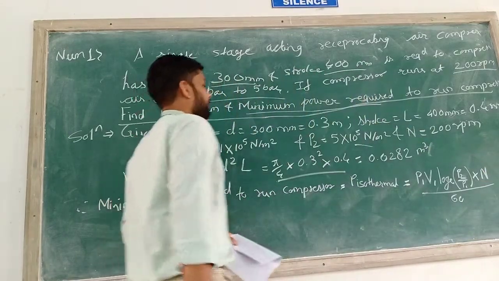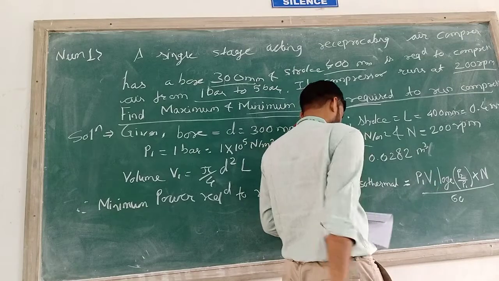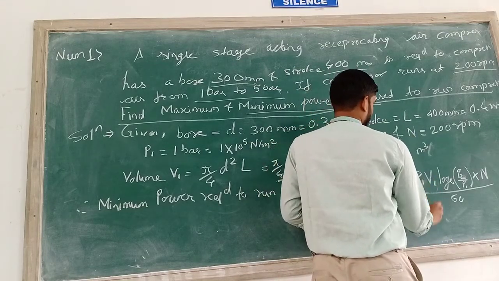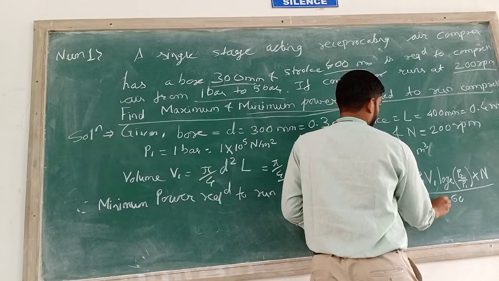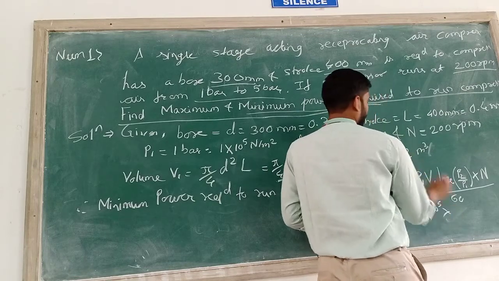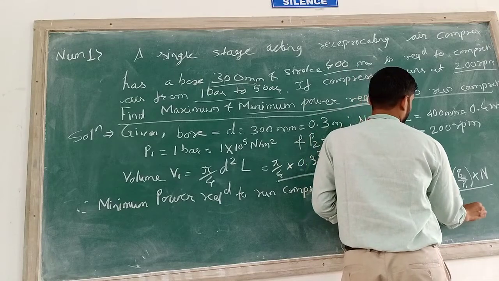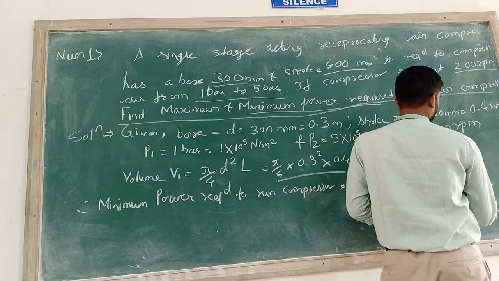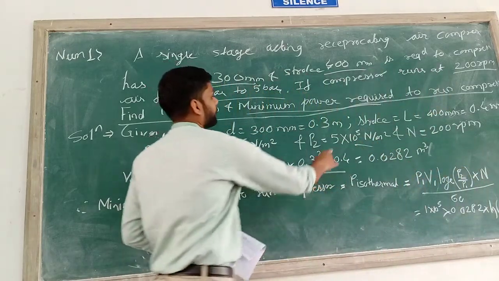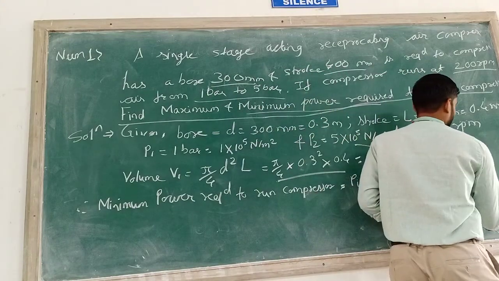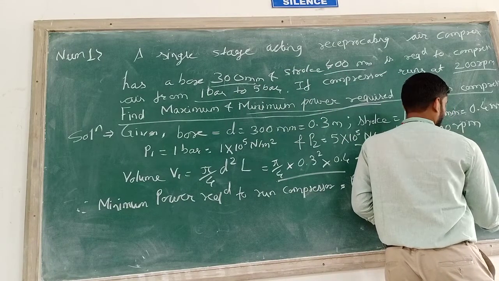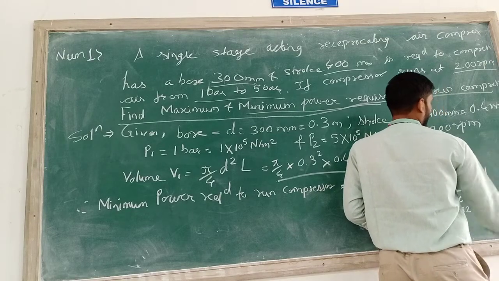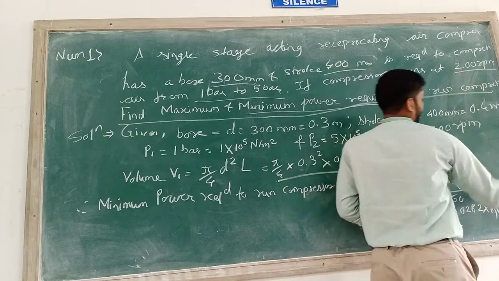Okay, so put the values of P1 V1 into this formula. Value of P1 is 1 into 10 to the power 5. Value of V1 is 0.0282. Value of P2 is 5 into 10 to the power 5, value of P1 is 1 into 10 to the power 5, and value of L is 200 RPM.